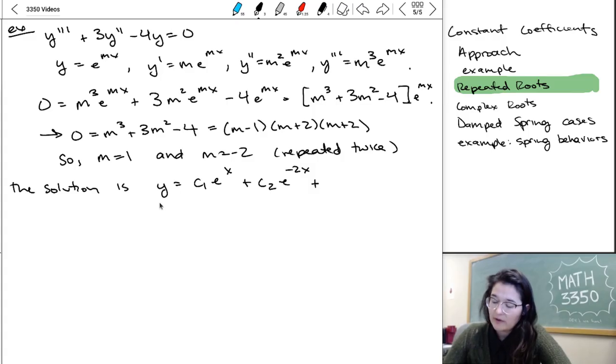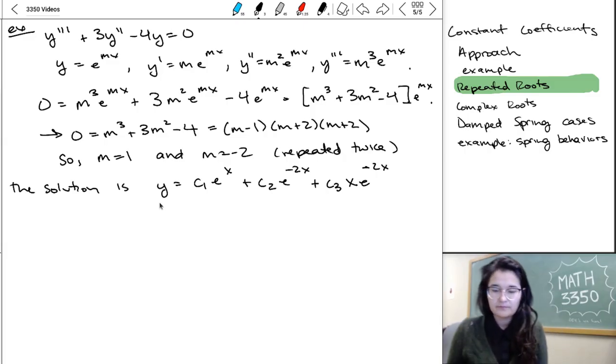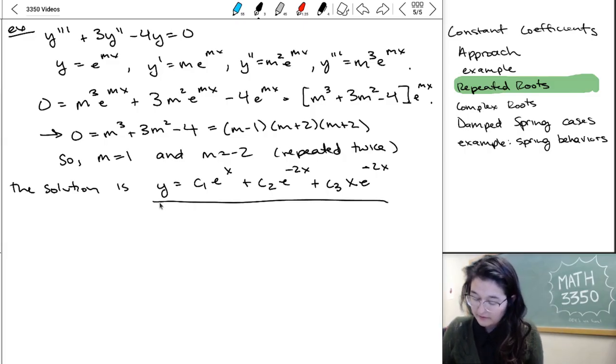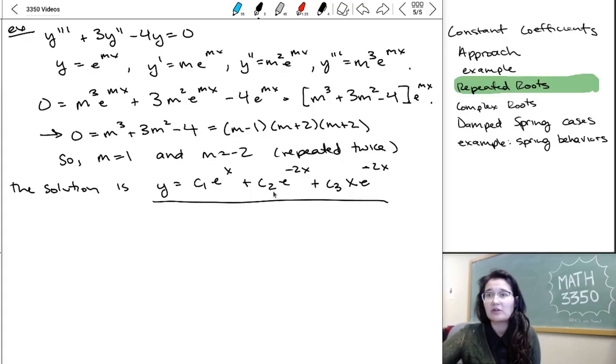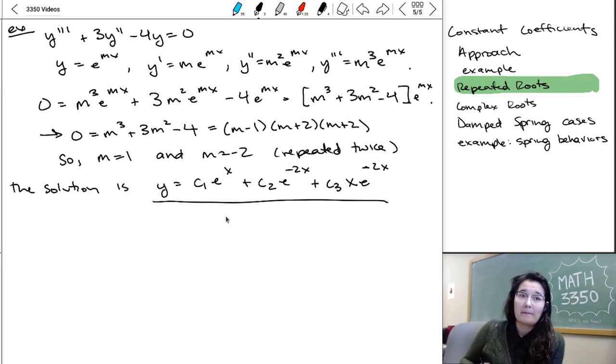But then I can't reuse it again unless I multiply by x. So plus c3 x e to minus 2x. That's going to be my general solution to this differential equation. And I like this example because it shows that you combine that repeat case with everything else you find, just in case you were wondering.